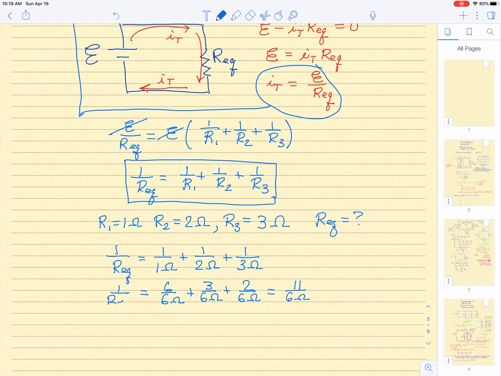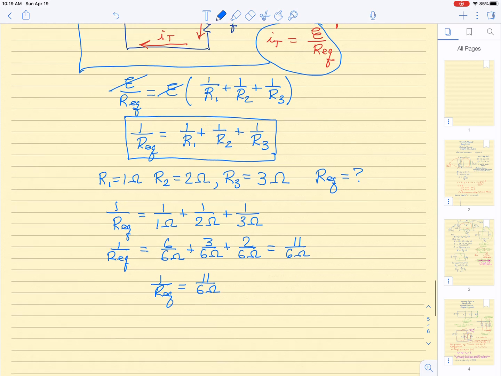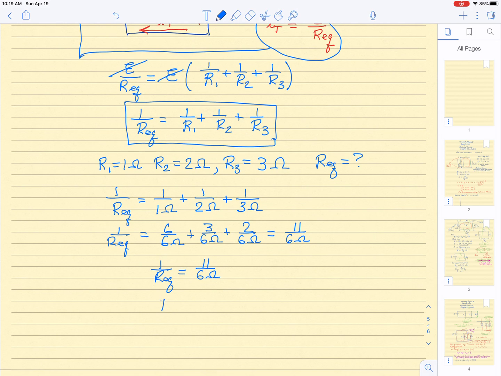We're not done because we have that 1 over R equivalent is equal to 11 over 6 ohms. We have to take the reciprocal of both sides of that equation, which means that R equivalent now is 6/11 ohms.